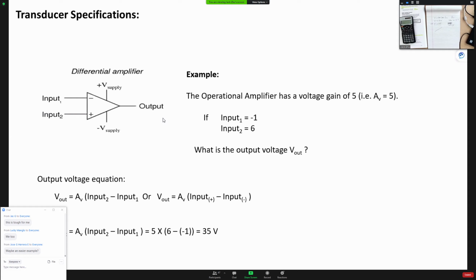Or if they give you the output and the gain, you should be able to calculate the input. So basically, output equals input times gain, or input equals output divided by gain. In the non-harmonized program, you actually learn the operational amplifier. That's why there are those types of calculations in here.